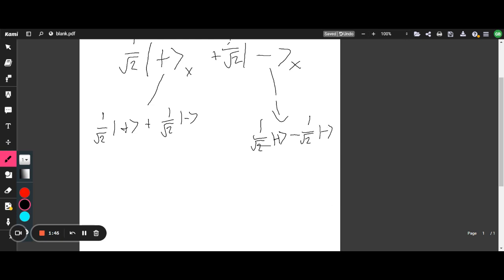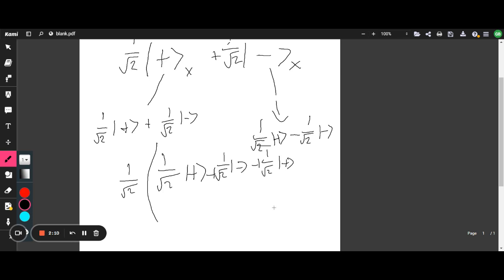So adding these two up, we just get this 1 over square root 2 on the outside, multiplied by 1 over square root 2 spin up in the z direction plus 1 over square root 2 spin down in the z direction, plus 1 over square root 2 spin up in the z direction, minus 1 over square root 2 spin down in the z direction.